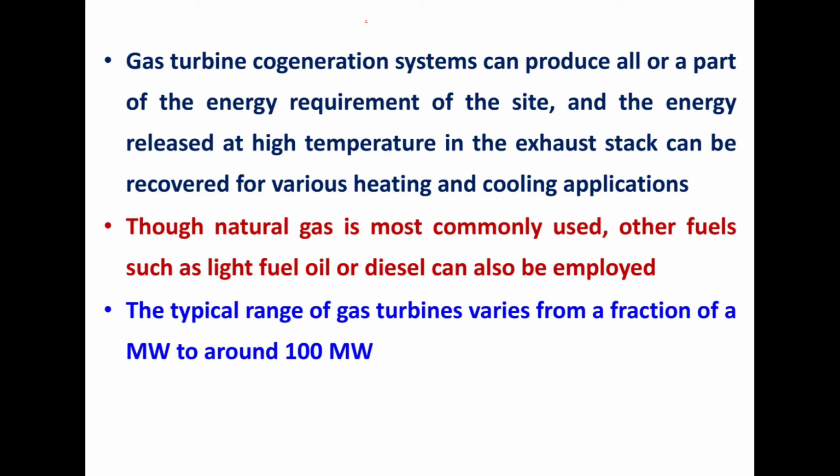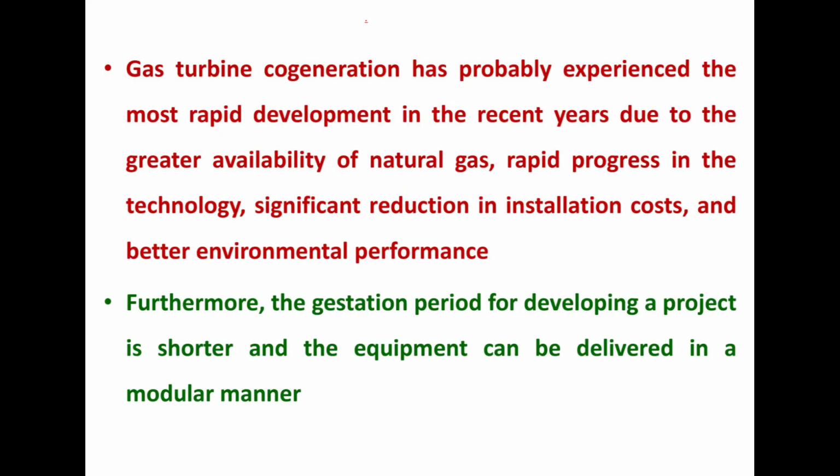Though natural gas is most commonly used, other fuels such as light fuel oil or diesel can also be employed. The typical range of gas turbines varies from a fraction of a megawatt to around 100 megawatts.